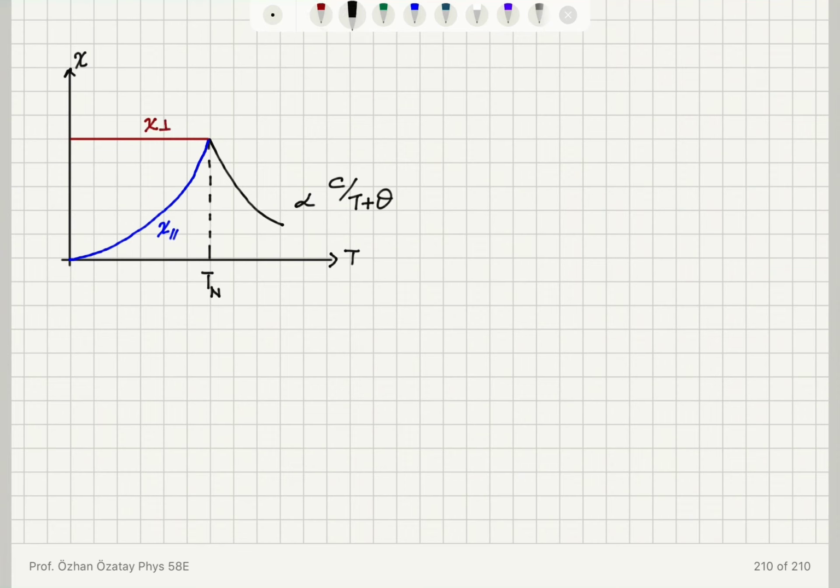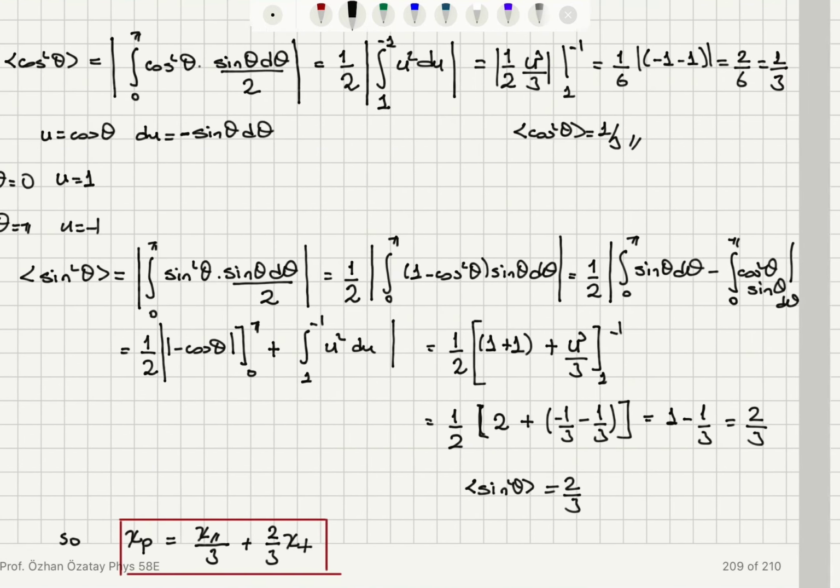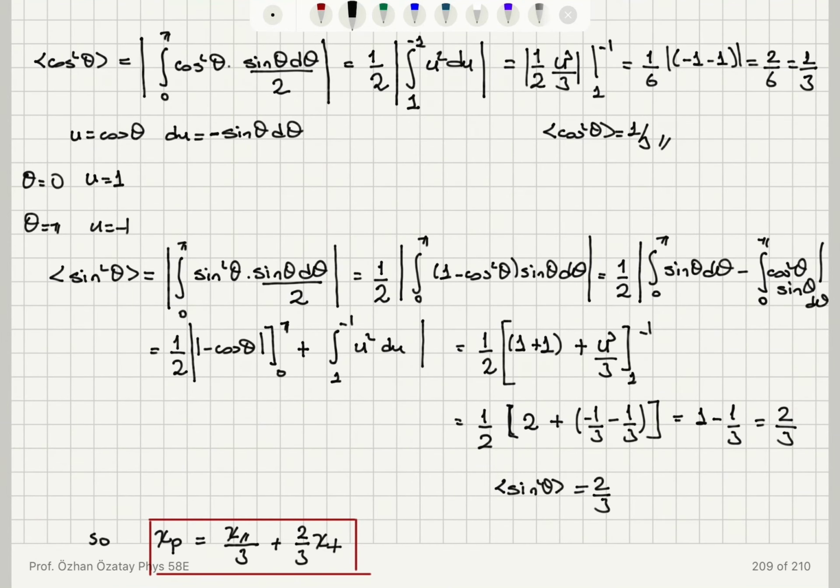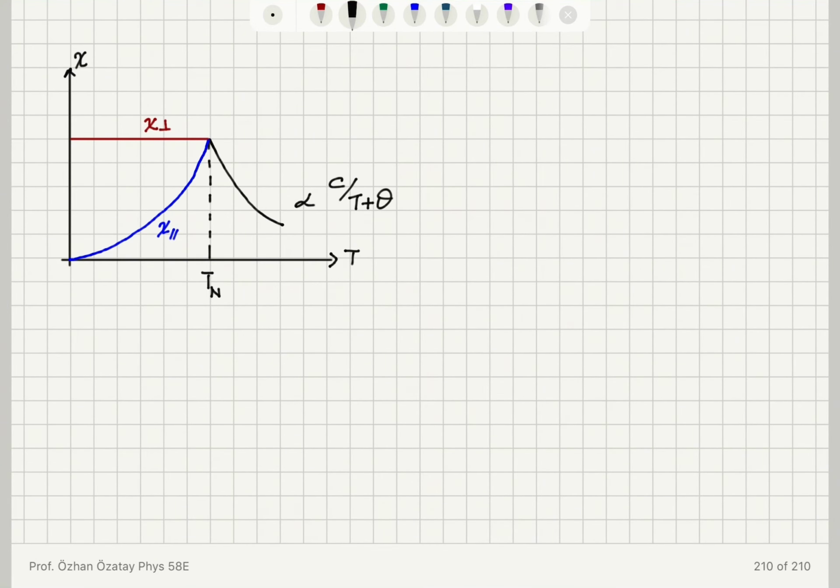And if I look at 1 over 3 chi longitudinal plus 2 over 3 chi transverse, basically I will obtain something in between. So the powder susceptibility does basically something in between.